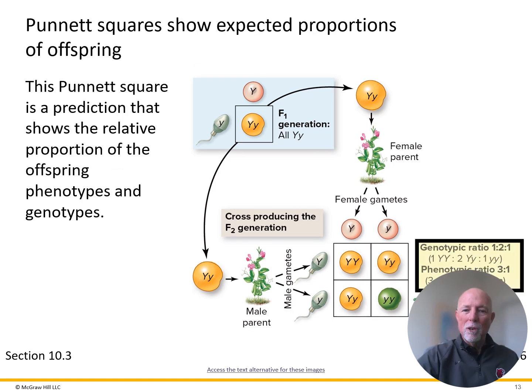So let's talk a little bit more about this, and this is what we call a Punnett square. It's just an easy way to predict the ratios of offspring. If I could give you some practice problems for you to do this, and maybe on the quiz, could you do some monohybrid crosses?